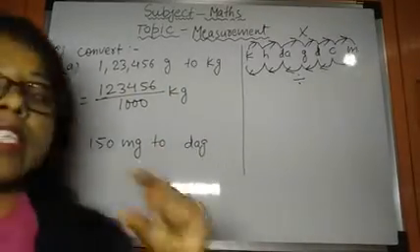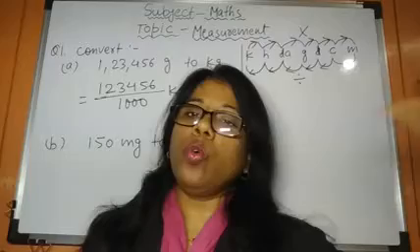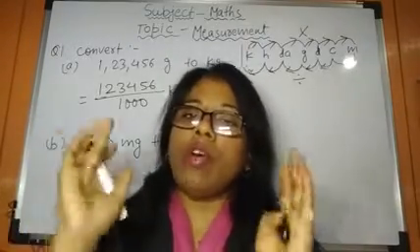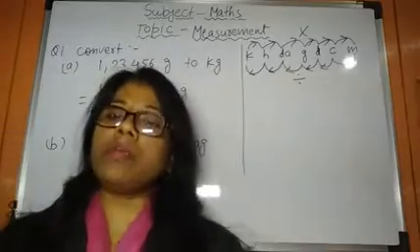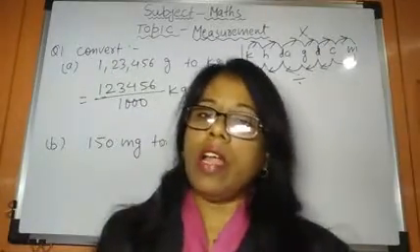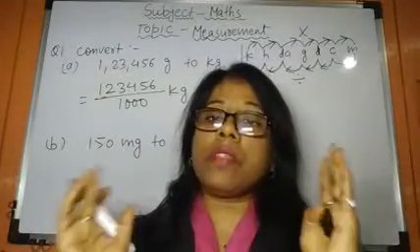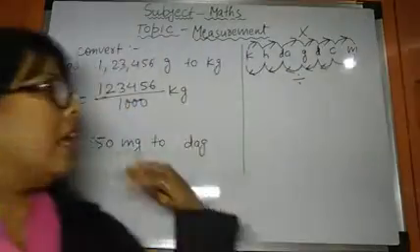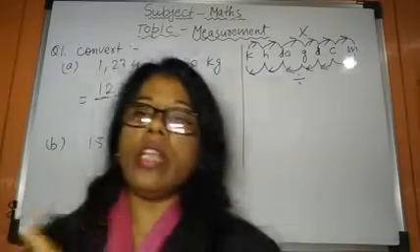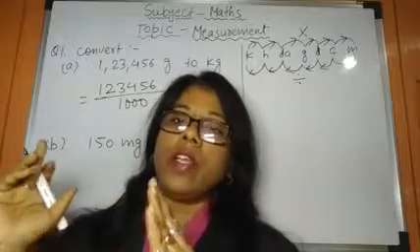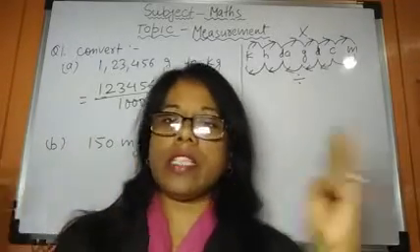Fine. 3 jumps means 1000, 2 jumps 100, 1 jump 10. 2 jumps means 10 into 10, not 2 times 10, and then 3 jumps means 10 into 10 into 10, that is 1000. 4 jumps means 10 into 10 into 10 into 10, that is 10,000.